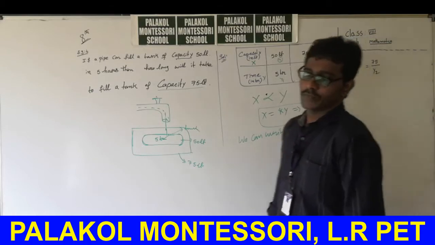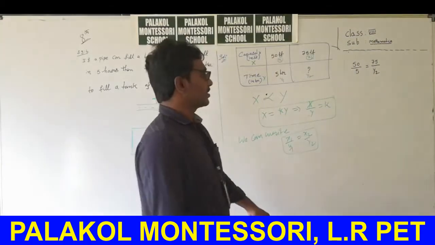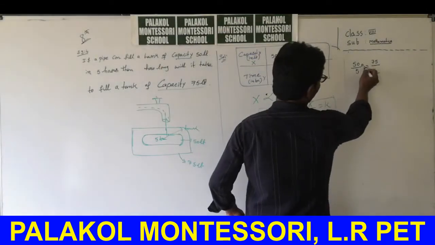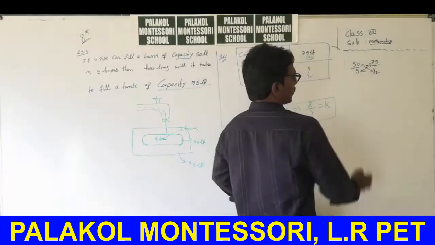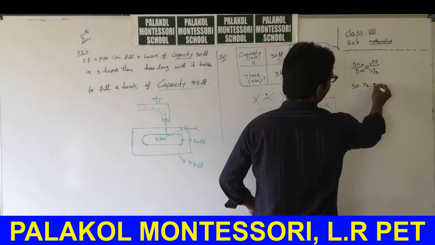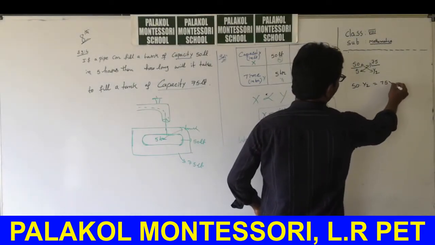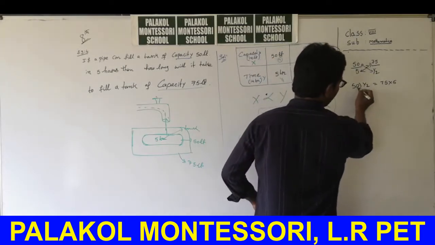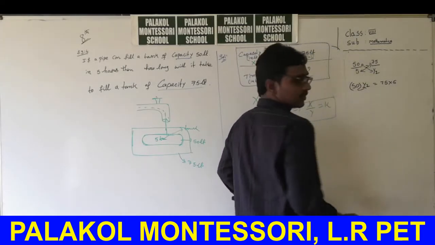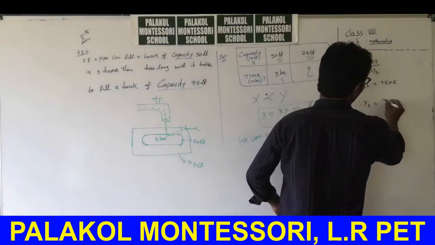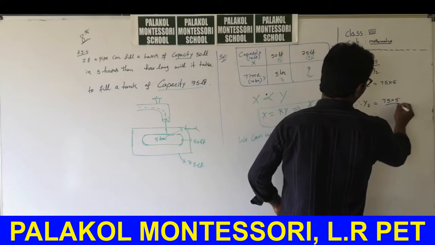There are two fractions, so apply cross multiplication. So 50 into y2 is equal to 75 into 5. Next, this 50 is multiplying y2, send it to that side as a division, so y2 equals 75 into 5 by 50.